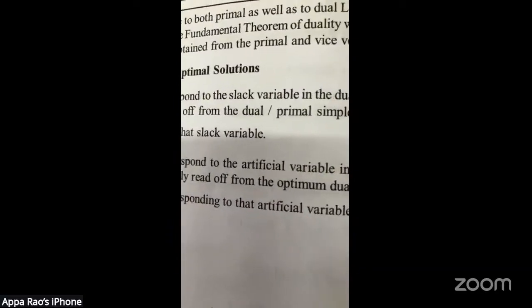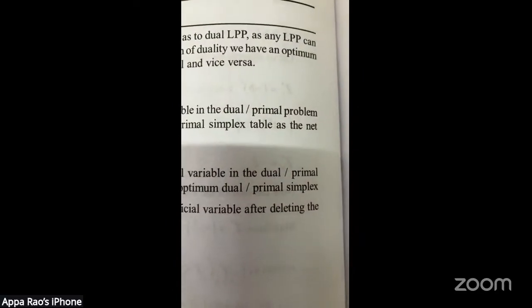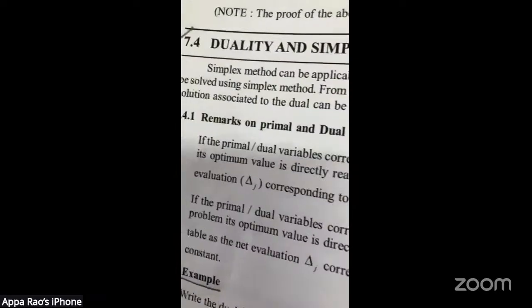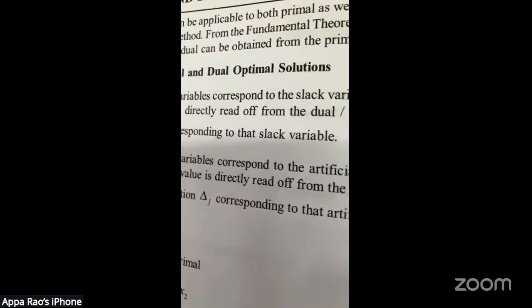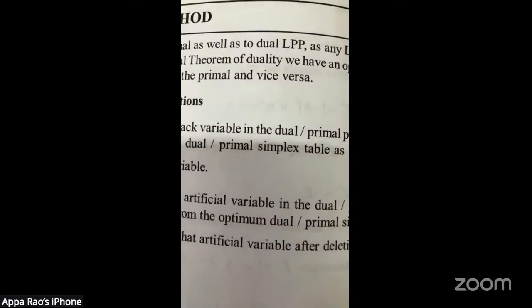From the fundamental theorem of duality, an optimum solution associated with the dual can be obtained from the primal and vice versa.